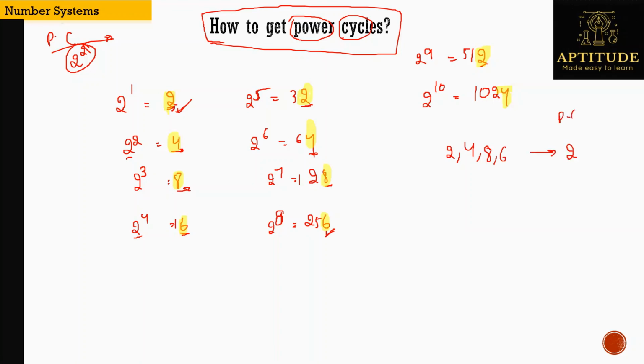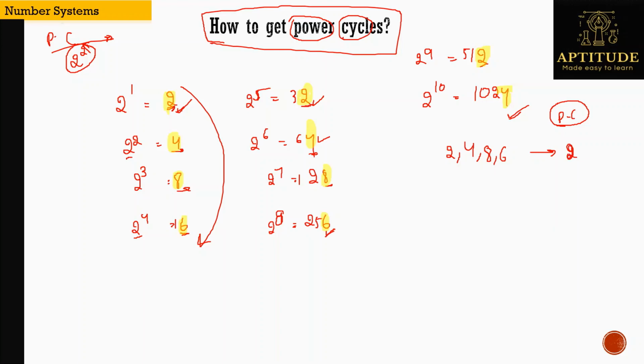By this I can say the power cycle of 2 is nothing but 2, 4, 8, 6. So a power cycle is the values repeating as unit digits. After that it is repeating once again, so I have considered the cycle as 2, 4, 8, 6. That's nothing but the power cycle.